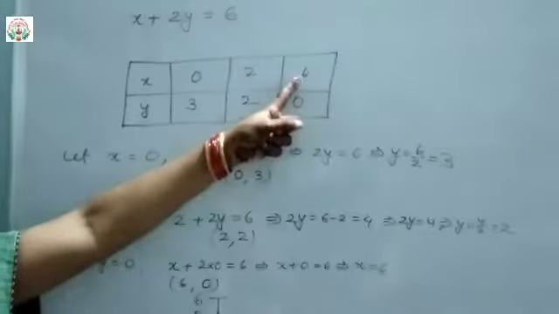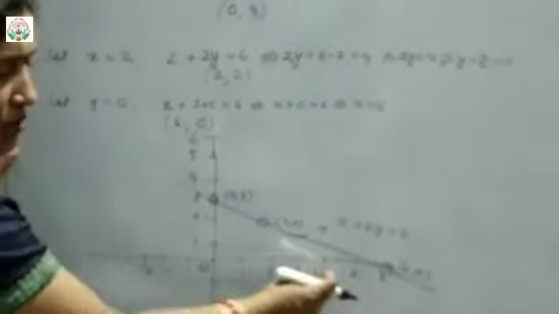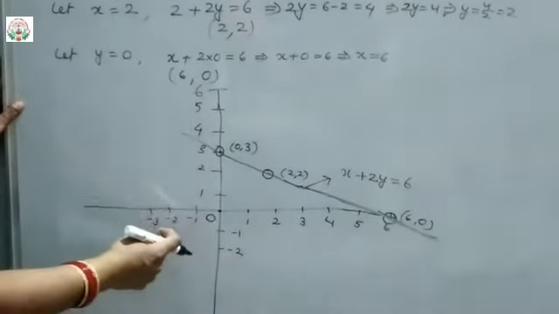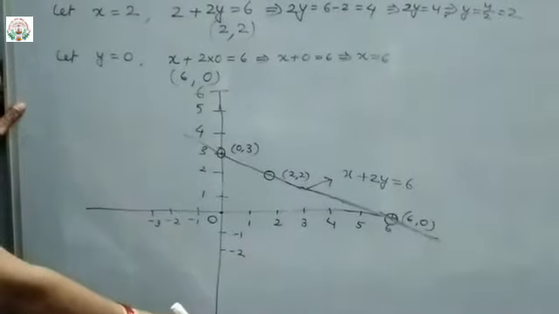And once again take the y value as 0 and get the value of x. After getting the 3 points, draw the x-axis and y-axis on the graph paper. Give the points 1, 2, 3, 4, 5, 6 likewise, and on the y-axis positive side also give numbers, then negative, and y-axis negative points.